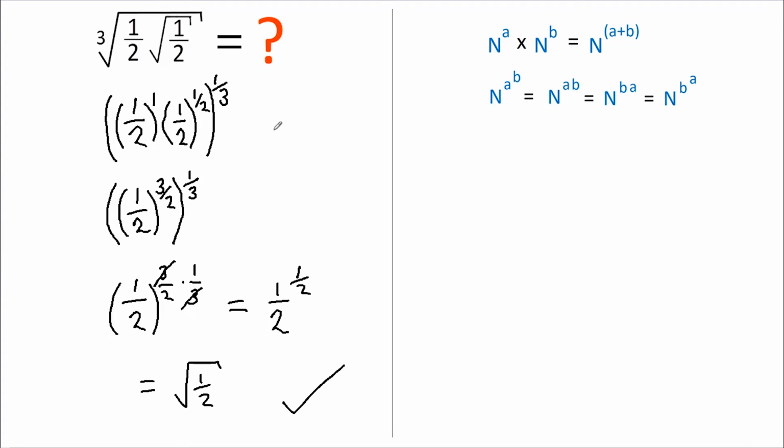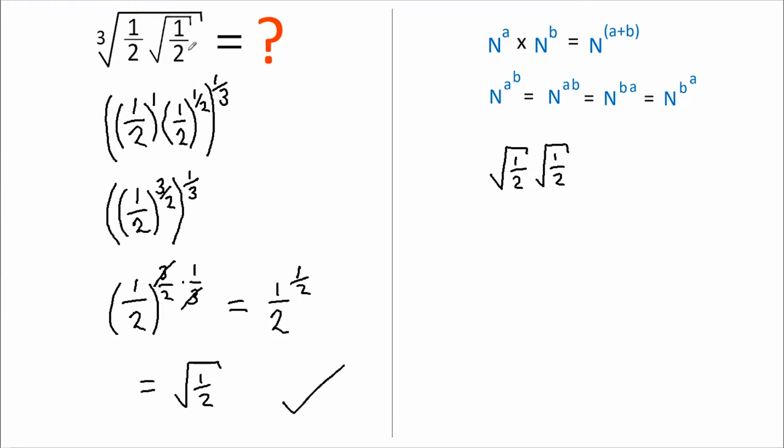Another quicker way we could have done this is if we had noticed that this half can be rewritten as the square root of a half multiplied by the square root of a half.